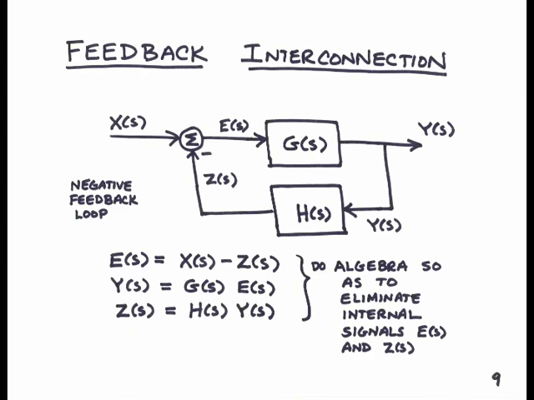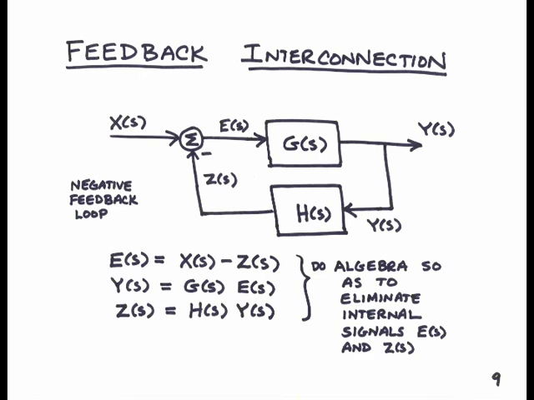We'll now write the equations for each of the parts of this interconnection. For system G(s), we have Y(s) is equal to G(s) times E(s). For system H(s), we have Z(s) equals H(s) times Y(s). And for the summation junction, we have E(s) equals X(s) minus Z(s).